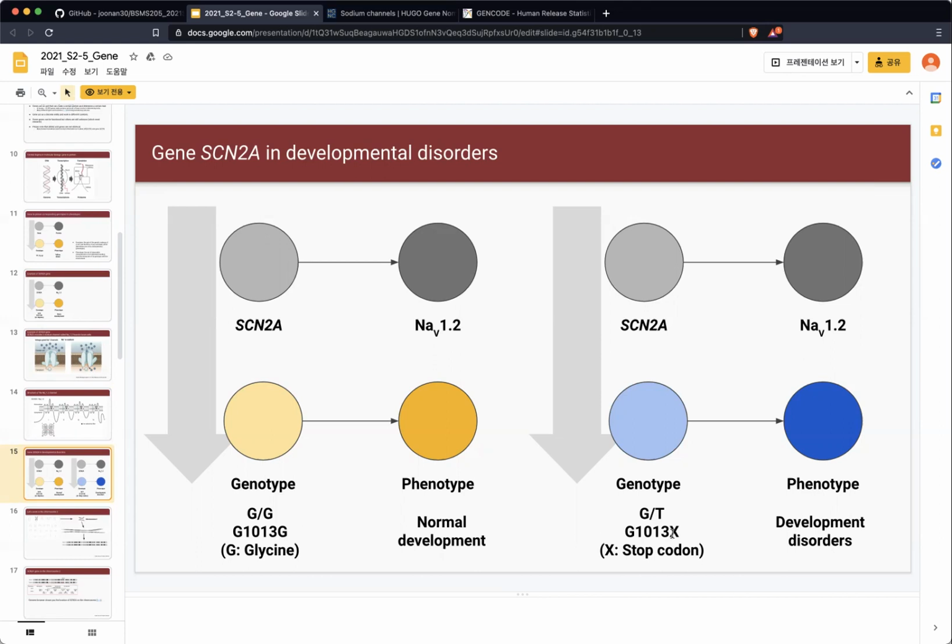SCN2A has a long DNA sequence of about 40,000 base pairs, but once you have the T allele at this position, you're going to have the stop codon, and your protein sequence is truncated at this position.